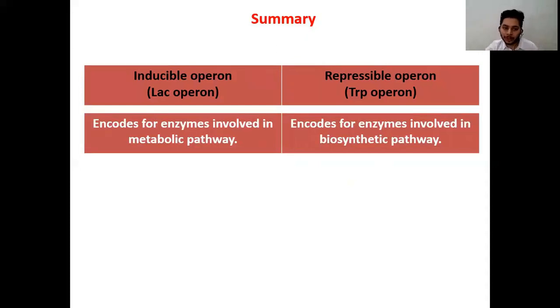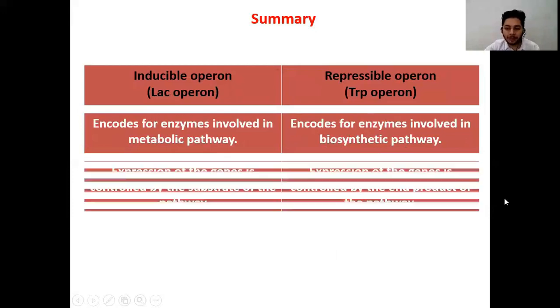The inducible operon, or the lac operon, encodes enzymes involved in a metabolic or catabolic pathway, while the repressible operon contains genes that encode enzymes involved in a biosynthetic pathway. Here the enzymes contribute to the synthesis of tryptophan, while there the enzymes contribute to the metabolism of lactose. So this was the first differentiation point.